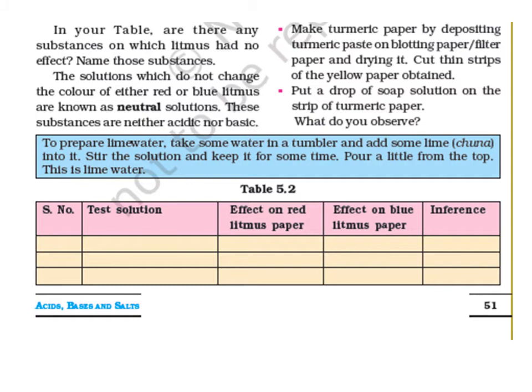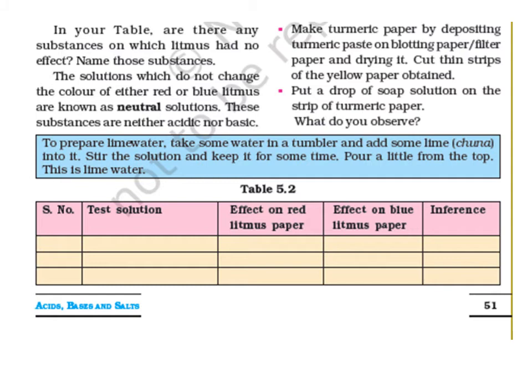Then spread the paste of turmeric on it, dry this paper and make it a turmeric paper. Then after drying, cut that paper into strips like a litmus paper strip.